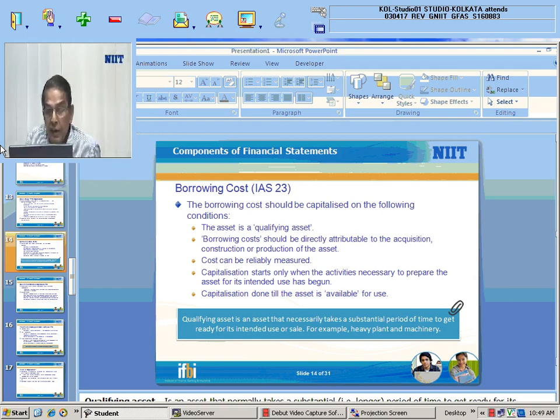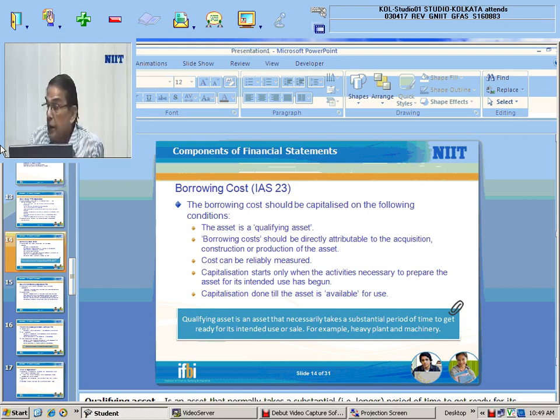A qualifying asset is an asset that normally takes a substantial period of time to get ready for its intended use or sale, like heavy plant and machinery, building, etc. A building takes a long time to construct. A heavy plant and machinery cannot be built in a quick time.